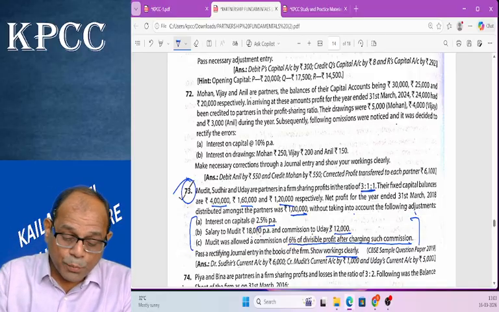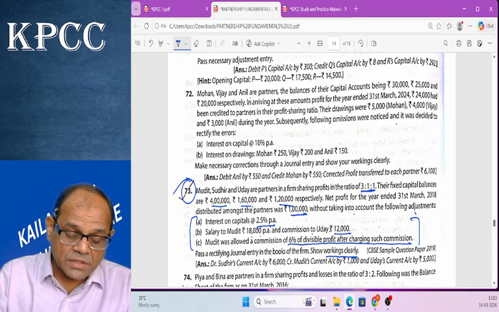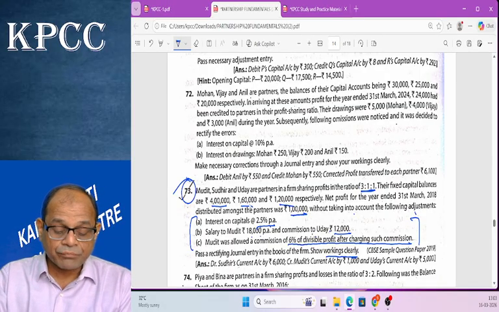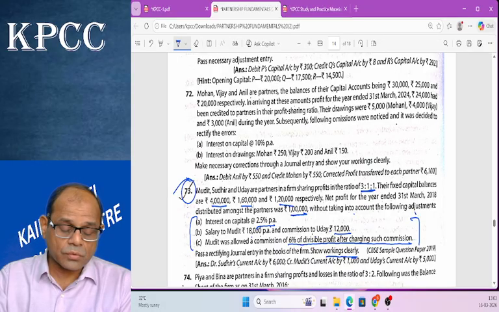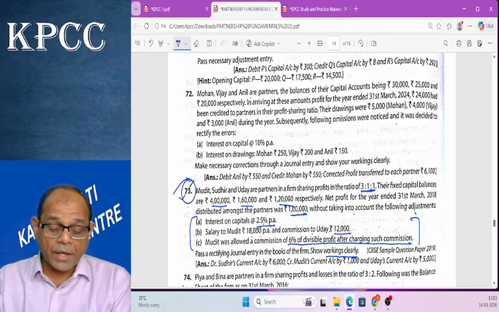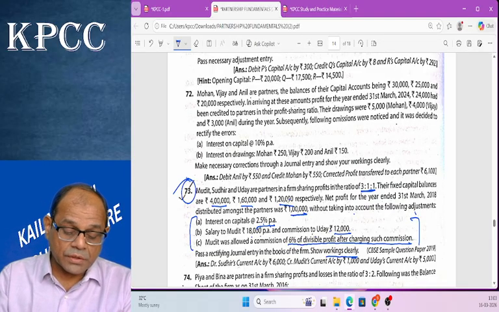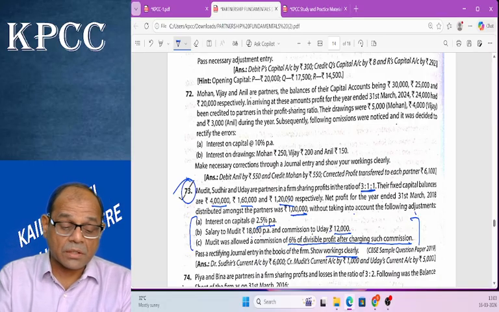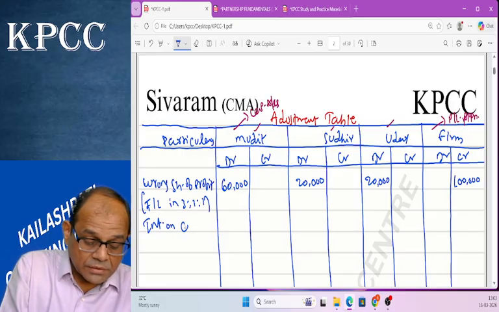So now 2.5% of 4 lakh is 10,000. 2.5% of 1 lakh 60,000, I think, is 4,000 rupees, and 1 lakh 20,000 into 2.5% is 3,000 rupees. Okay, so 10,000, 4,000, 3,000 interest on capital. Write down interest on capitals.